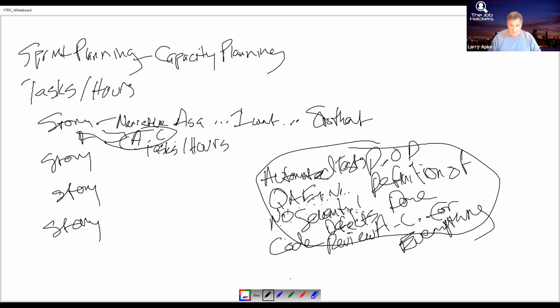Why did I say that? Well, the definition of done is going to inform to some degree the tasks that you need to do. Makes sense, right? If I need to make sure that automated tests are written, when I start writing my tasks, I'm going to have a task that says create automated tests.